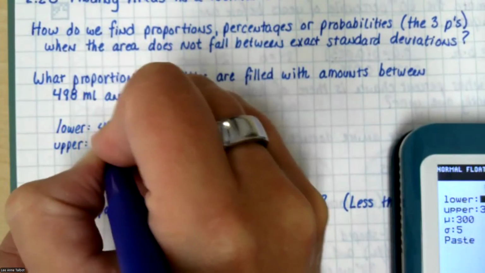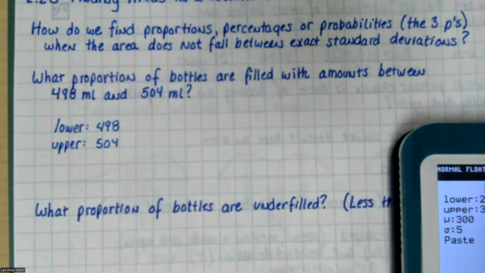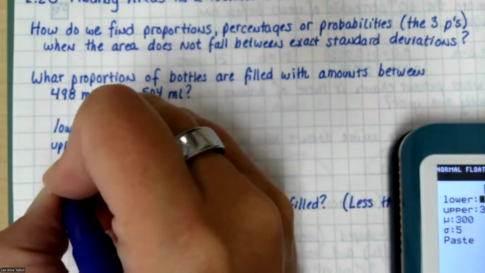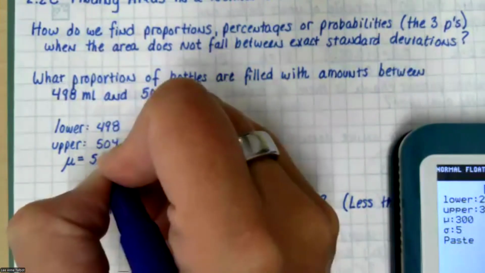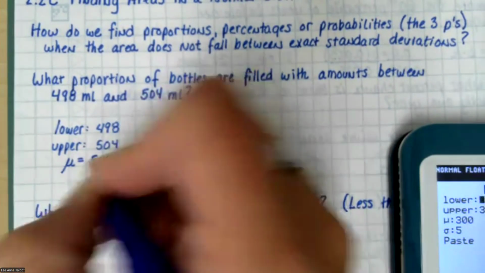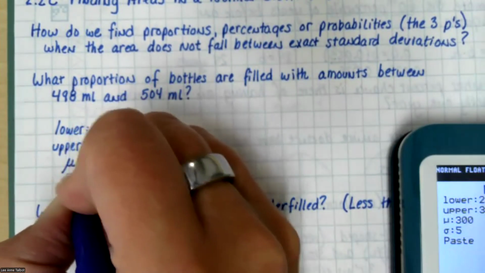Our upper bound is 504. And then we have the mean and the standard deviation from yesterday.